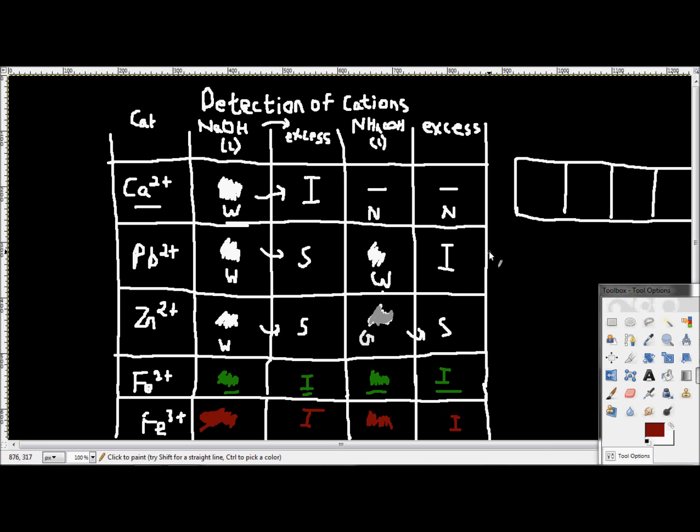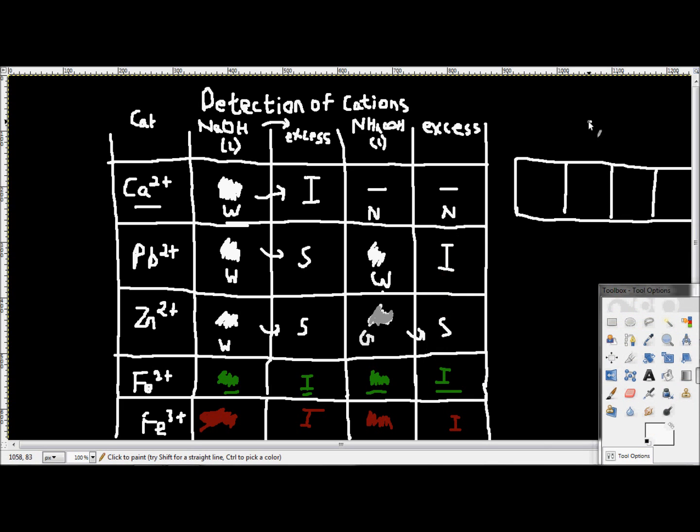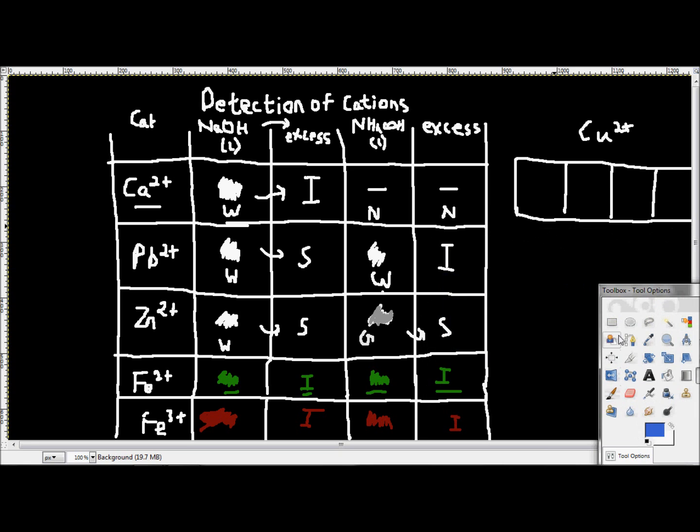Now our last cation is Cu2+. Over here in NaOH, I'm not writing the column names again, it's the same order as the previous one. So in little NaOH it gives a blue precipitate.